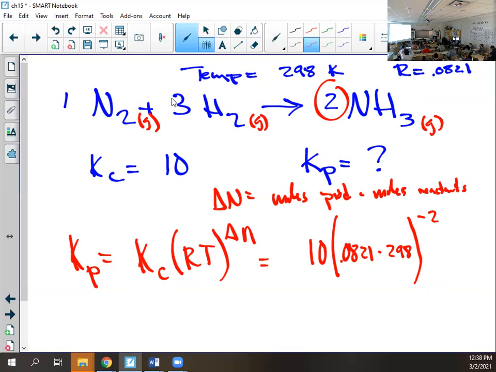So you had 2, and then you have 1 plus 3. 2 minus 4 equals -2. Now do your order of operations right. You need to do the parentheses first, raise it to the -2, and then multiply it by 10.